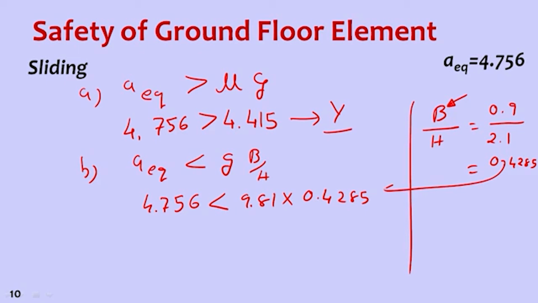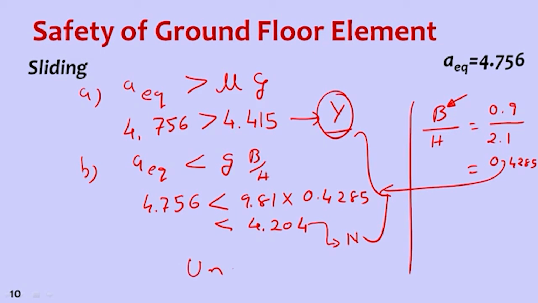So putting the same value we will get 4.204. So though this condition is not satisfying, one of the conditions got satisfied. So ultimately we can say that when the almirah is placed again along the L for the fourth floor, it is unsafe. It is unsafe for sliding.